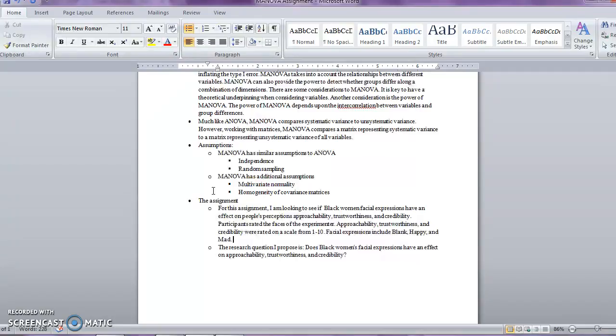Let me not use the word correlation, because that's going to be confusing. So scratch that, and I'll repeat myself better. The scores on one outcome variable should not be dependent upon another. There we go. Random sampling is another assumption for ANOVA. MANOVA does have some additional assumptions: multivariate normality and homogeneity of covariance matrices.